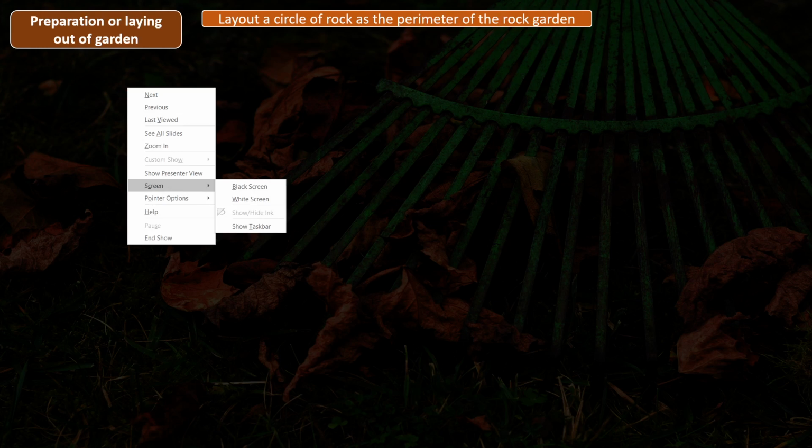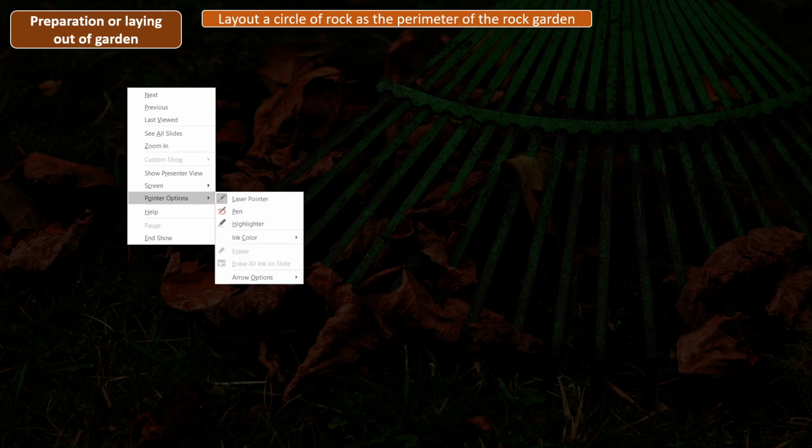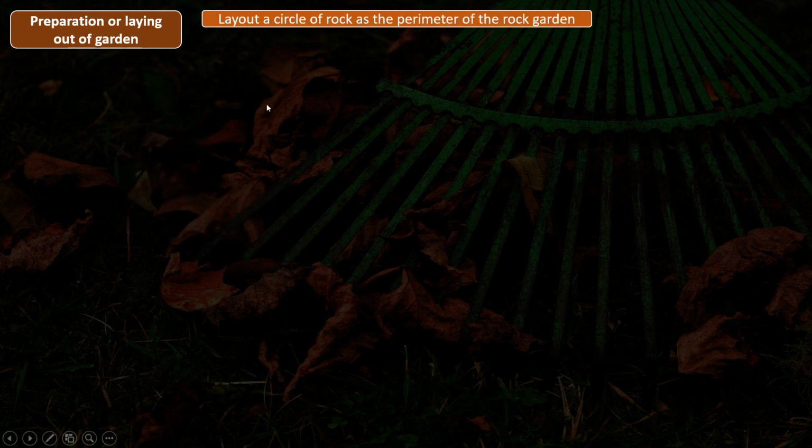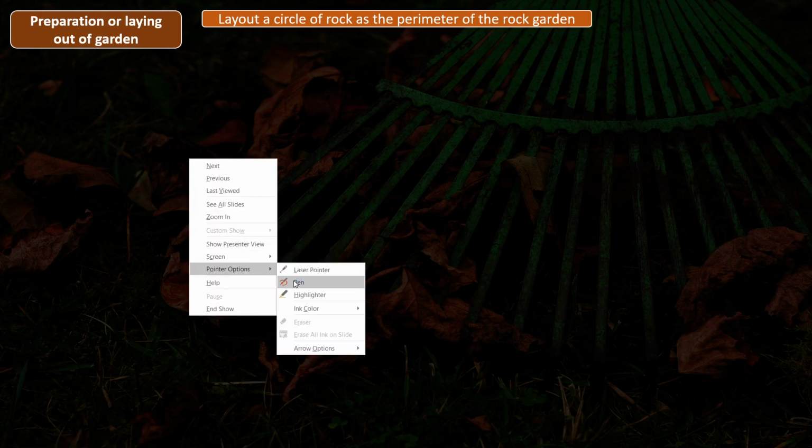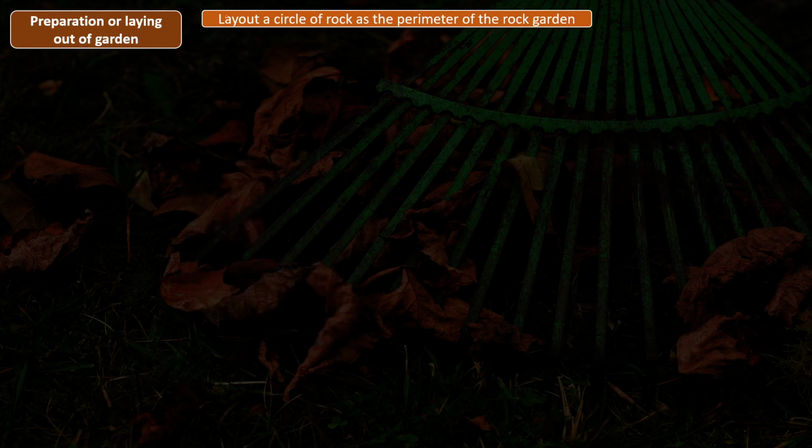So what I'll do now is I will draw roughly and show you what can be done. The very first thing is to lay out a circle of rock as the perimeter of the rock garden. You have to decide the site. After deciding the site, I'll draw here.